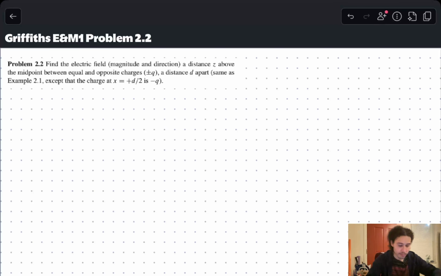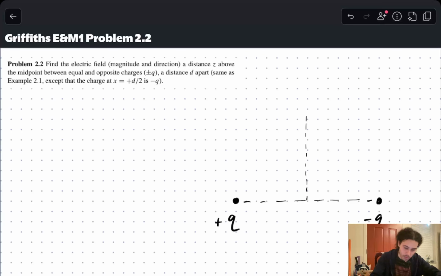Okay, so let's draw the setup real quick. Point P, some distance Z. This length here is d over 2.